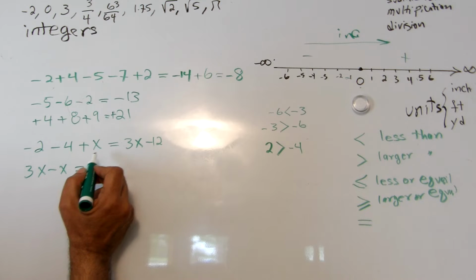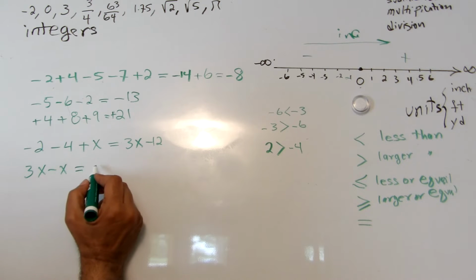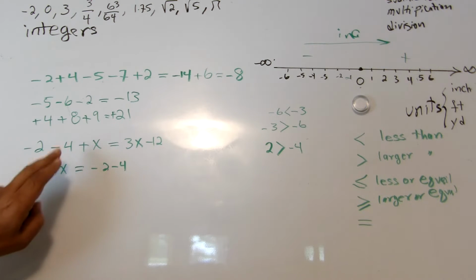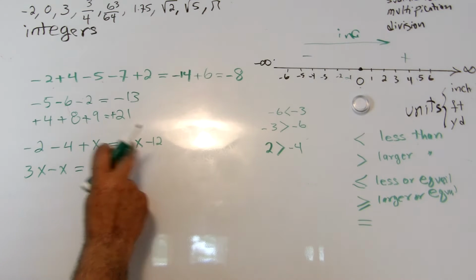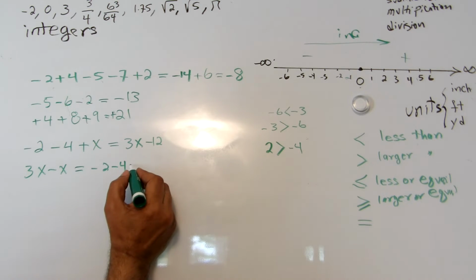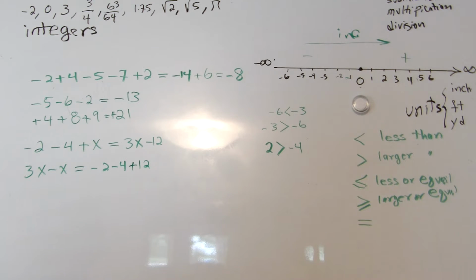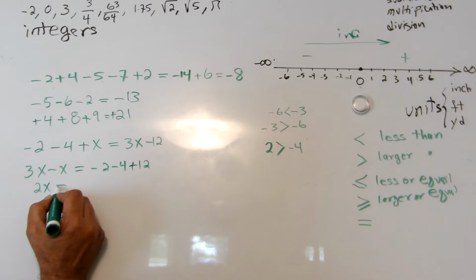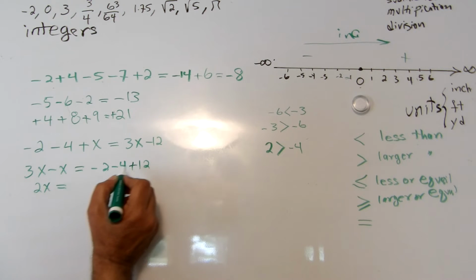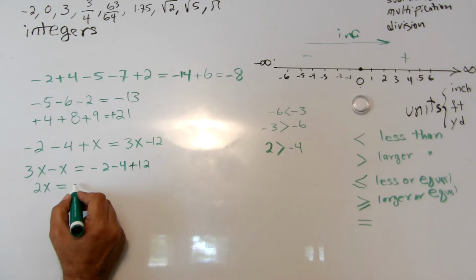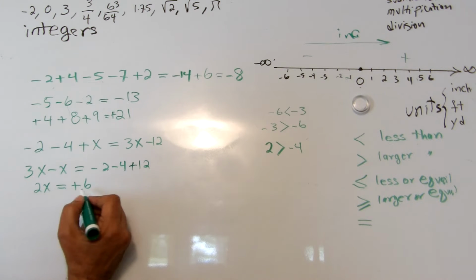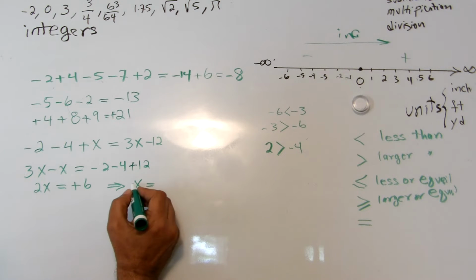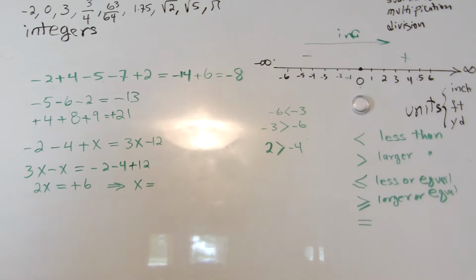And then we move the other numbers to the other side. We have -2, -4, and since we bring this one to the other side, it's going to change the sign. It's going to be +12. So 3x minus x is going to be 2x, equal to -2, -4, -6 plus 12, which is +6. Now 2x is equal to 6.